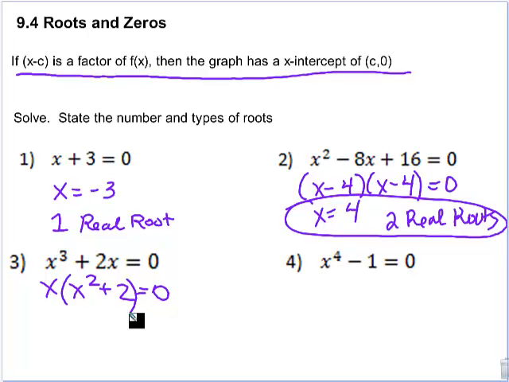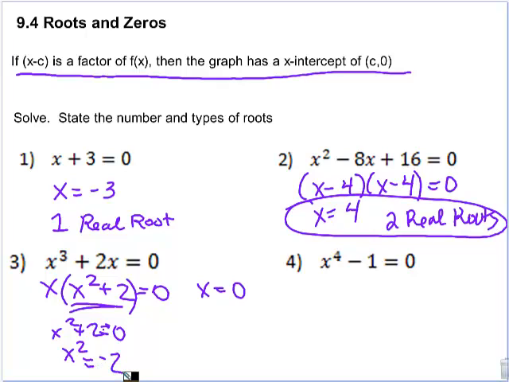Okay, so if we have x times x squared plus 2 equals 0, this first x gives us one of our solutions. So that tells us x should equal 0. The second part here says x squared plus 2 should equal 0. Well, if x squared plus 2 should equal 0, what does x squared have to equal?